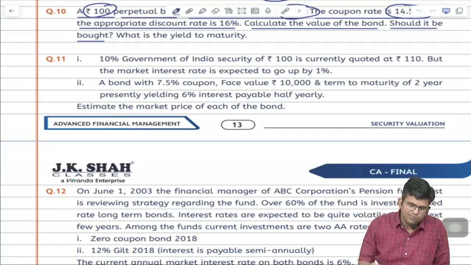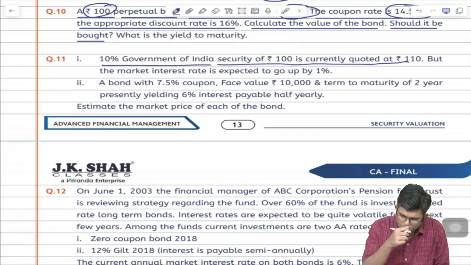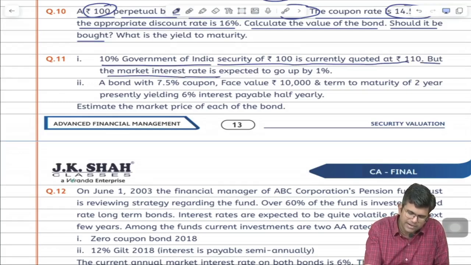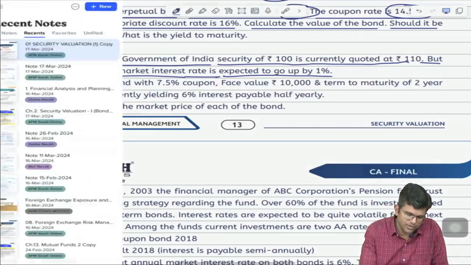So they are saying a 10% Government of India bond of 100 rupees is currently quoted at 110, but market interest rate is expected to go up by 1%. Okay. Now students, just relax, keep your pens down and just listen to the story. Okay. Question 11.